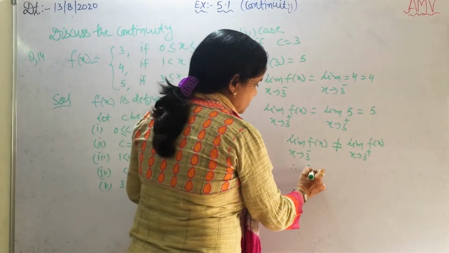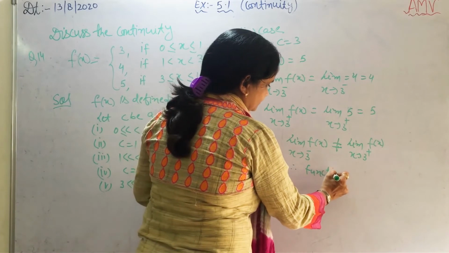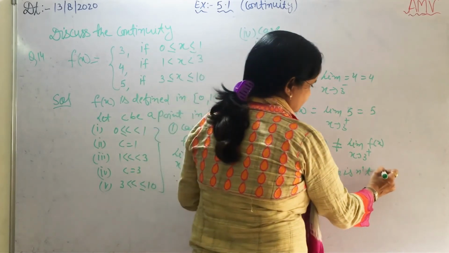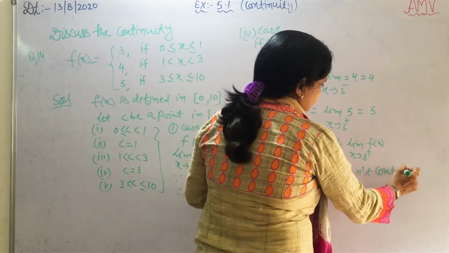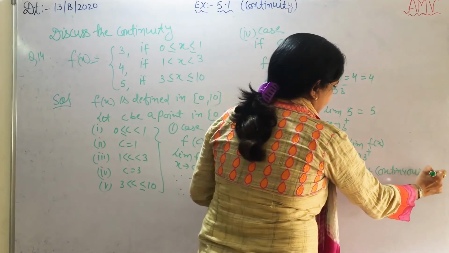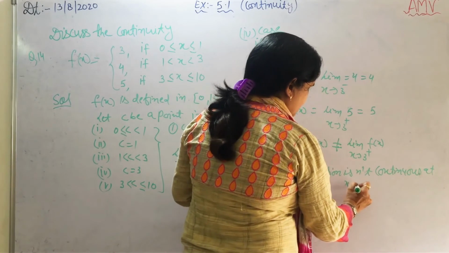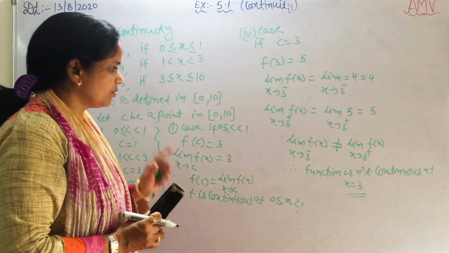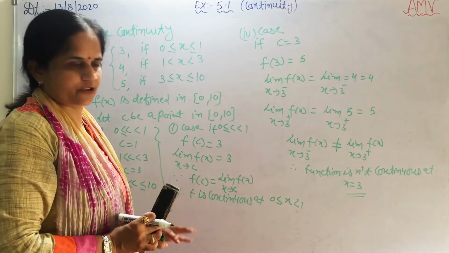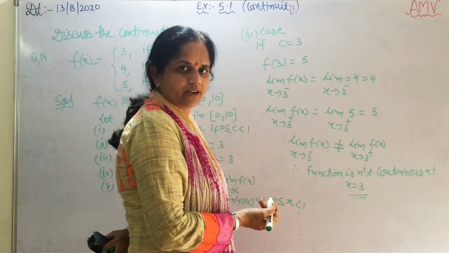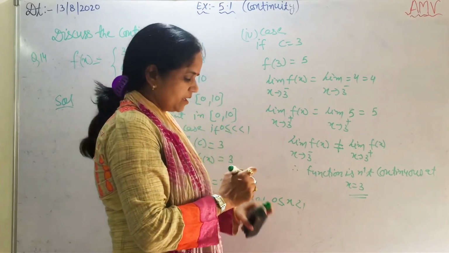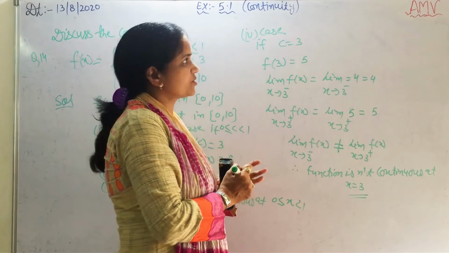Therefore function is not continuous at x is equal to 3. Now see, there are 2 points of discontinuity. x is equal to 1 and another is x is equal to 3. Now move to the next question.